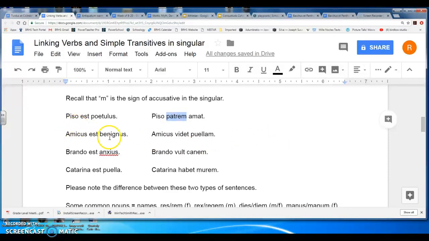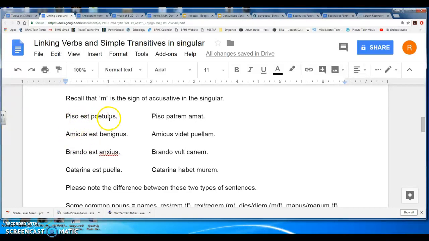Amicus est benignus. That's a linking verb. It doesn't have to have the same ending, right? Because they agree in gender and number and case, which is a fancy way to say that it has to be masculine and masculine. They don't agree in ending. They happen to agree in gender, number, and case.